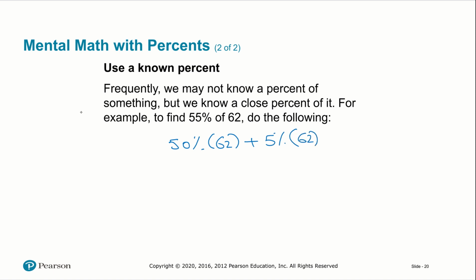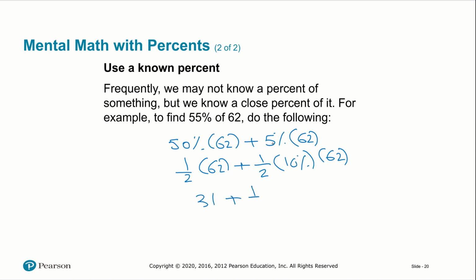Now, I know that 50% is a half, so that's just a half of 62. Now, if this number here was actually a multiple of 20, I would have thought of 5%, as I told you on the previous screen, as 1 over 20. But it's not, so it'll be a little bit easier for me to think of 5% as a half of 10% of 62. Now, 1/2 of 62 is just 31.